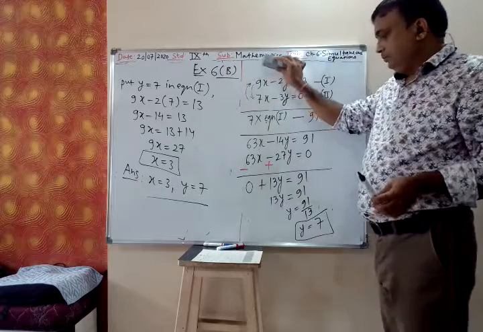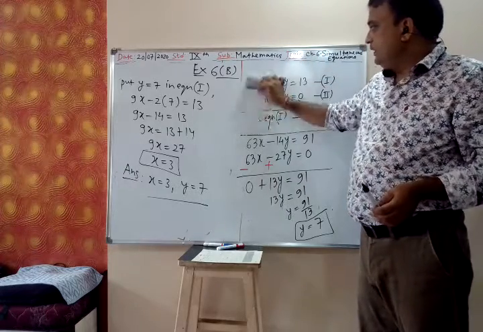So let us solve the second. 3x minus y is 23.